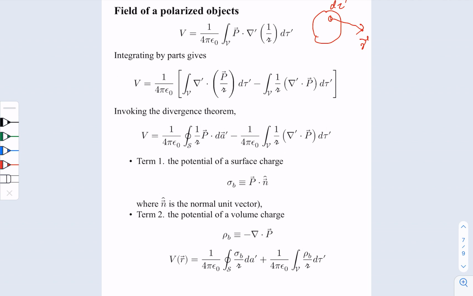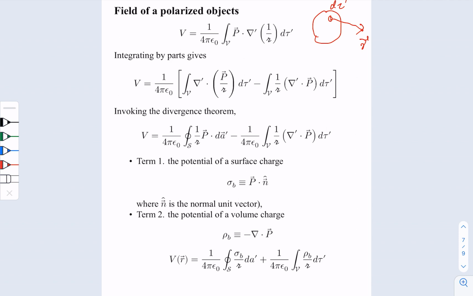And now there is also the second term. If we look closely by comparing with the potential for an ordinary charge, if we replace this by a rho, then this simply gives us the expression of scalar potential for an arbitrary charge distribution. So this del prime dot P can be identified as another charge, which is a volume charge distribution.